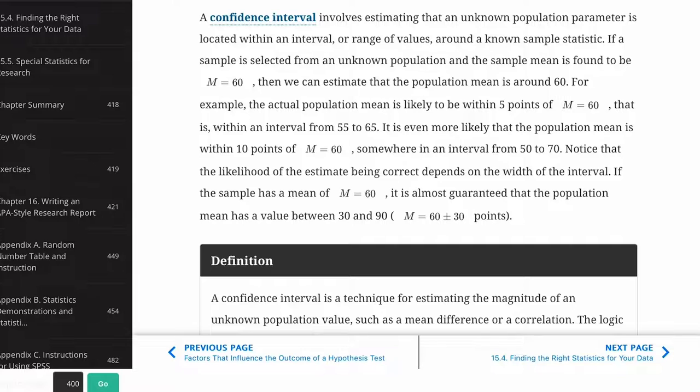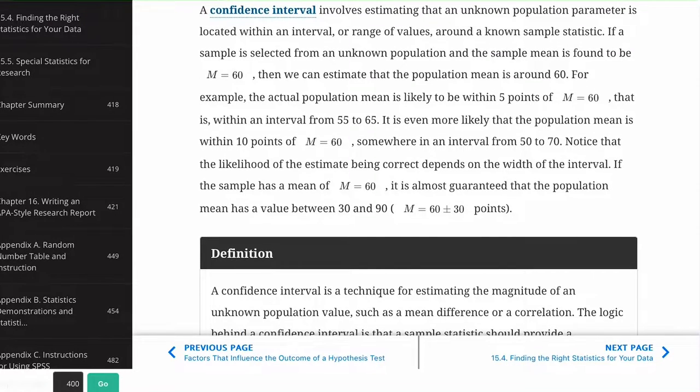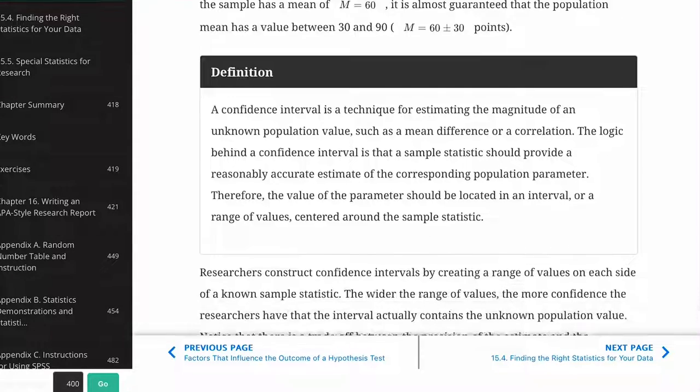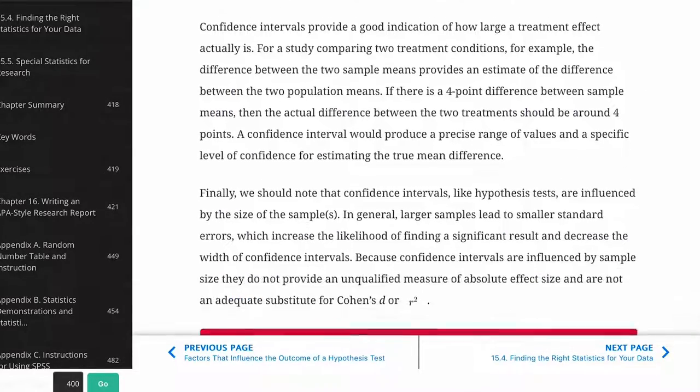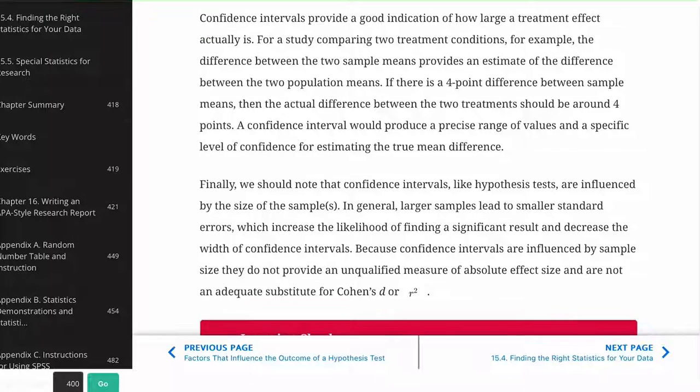So like if your sample mean is 60, calculating the confidence interval would tell you the range that you can add to and subtract from the mean to give you a range of values where you can say we're confident that the population mean will lie somewhere between 55 and 65, or between 30 and 90, or 50 and 70, or whatever that confidence interval ends up being. The problem with confidence interval is that it is influenced by sample size.